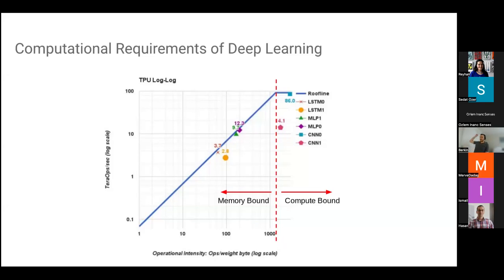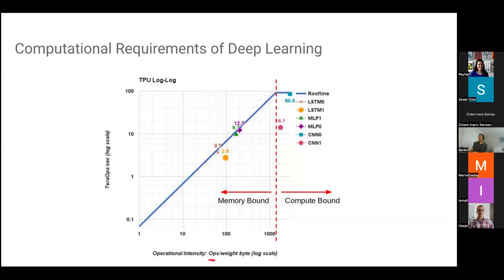Basically, I just wanted to mention the challenges of this as well, from a very theoretical standpoint. I'm not sure if you're familiar with roofline plots, but in summary, we are plotting a hardware system, in this case a TPU, tensor processing unit, and showing its performance, which is teraops per second, the throughput, against the operational intensity, which is operations per weight byte.